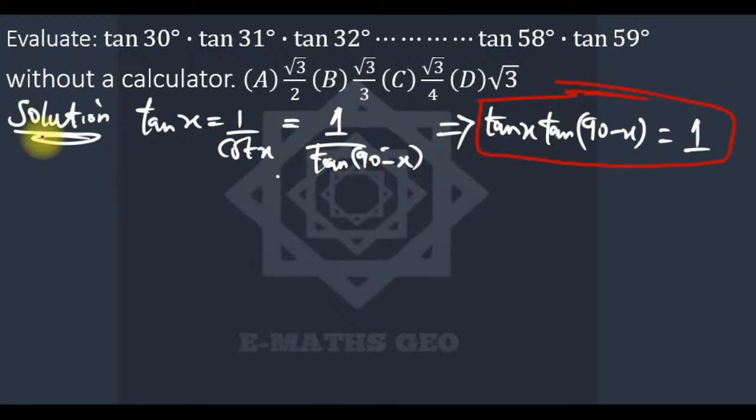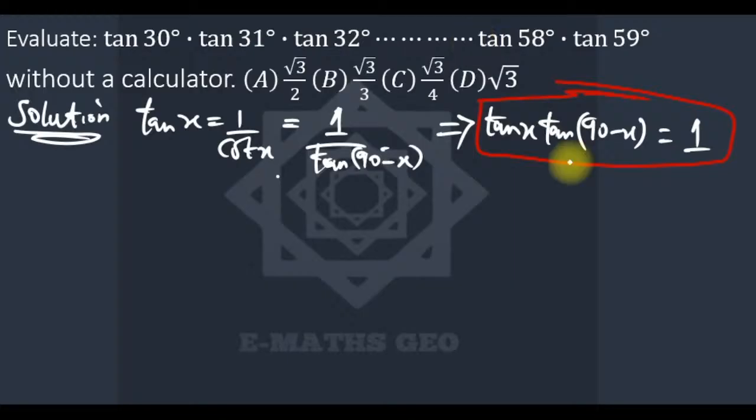So let's look at what is happening in the product. We started from tan 30 times that. You will notice that if I add 31 and 59, it gives me 90. 32 and 58 also give me 90. The next one is 33, while here it will be 57.